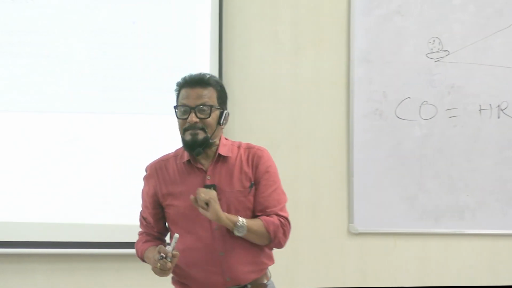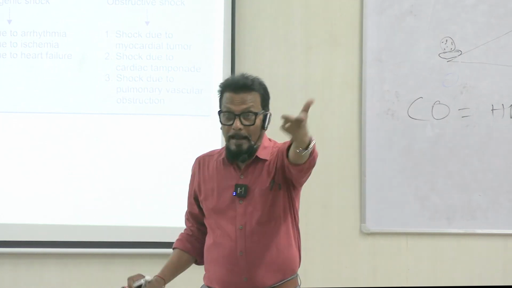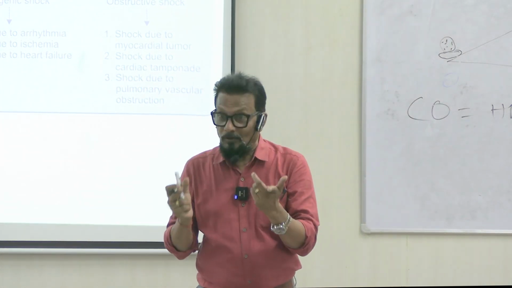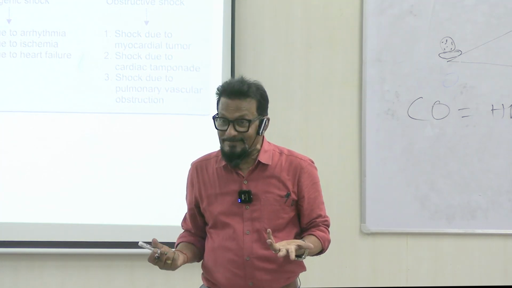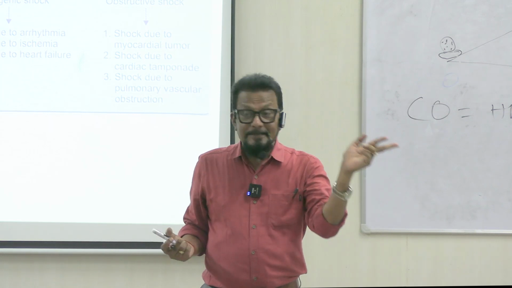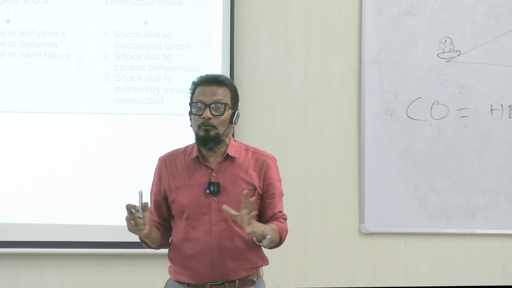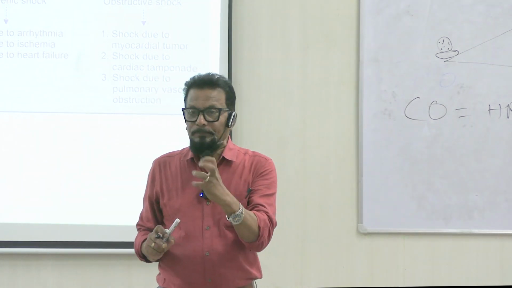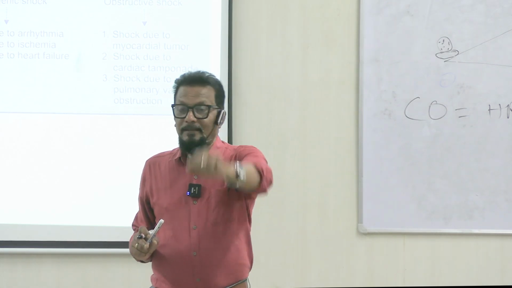So afterload is created by the peripheral resistance. If there is more peripheral resistance, the heart has to work more. If less peripheral resistance, the heart has to work less. So in case of increased peripheral resistance, the heart muscle has to work much more. Then it has some capacity, how much it can increase.